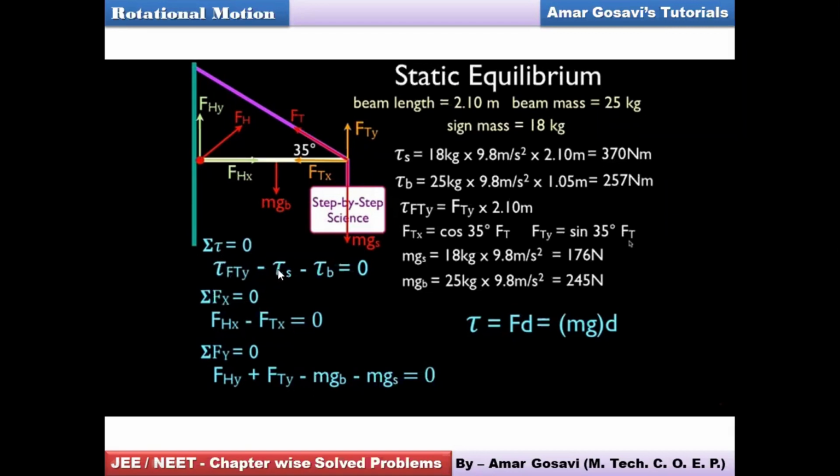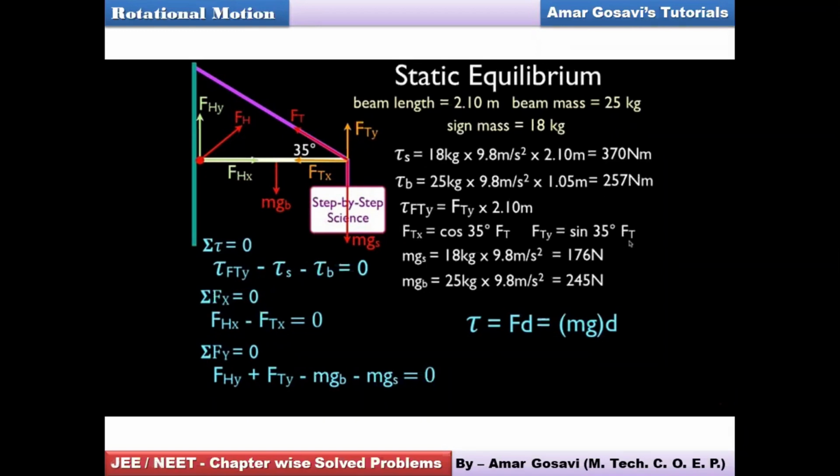Minus torque due to S, since this force will make this point rotate in clockwise sense, therefore minus tau S. Minus tau B, this force mgb will also make this rotate clockwise, so minus tau B equal to 0. First equation.